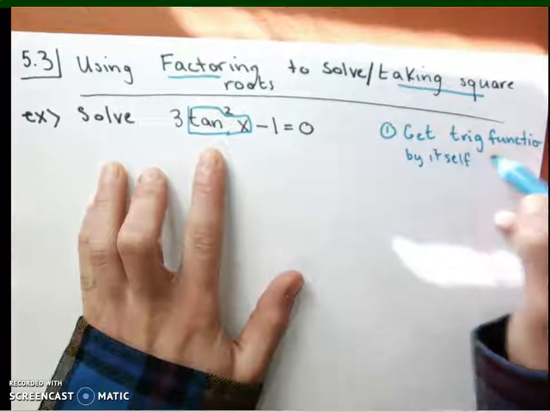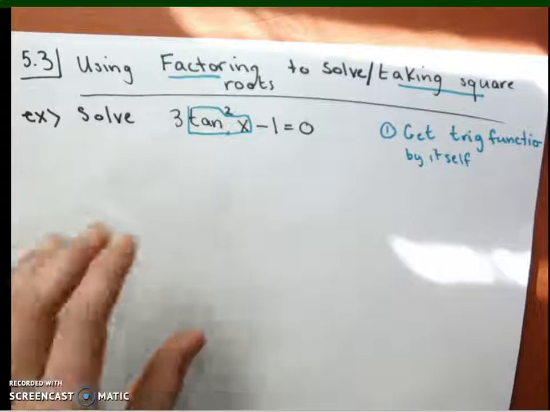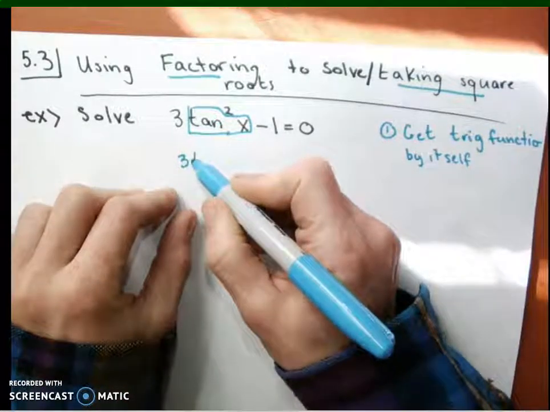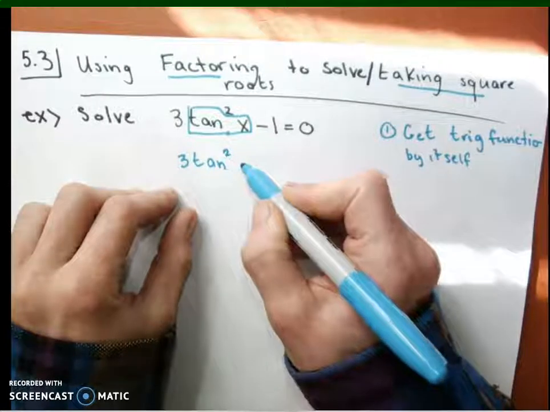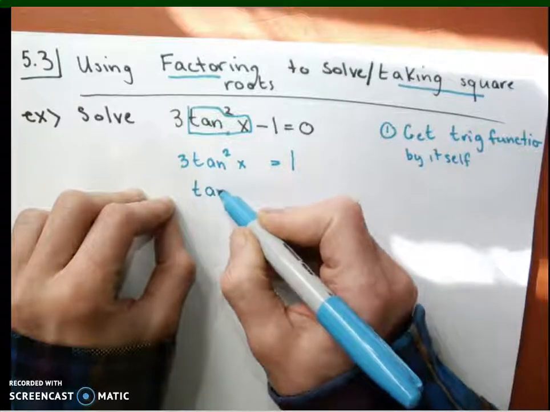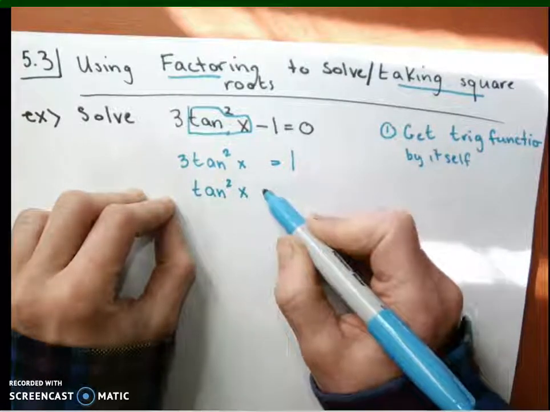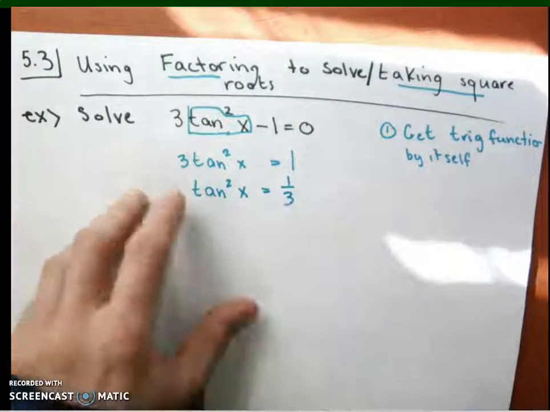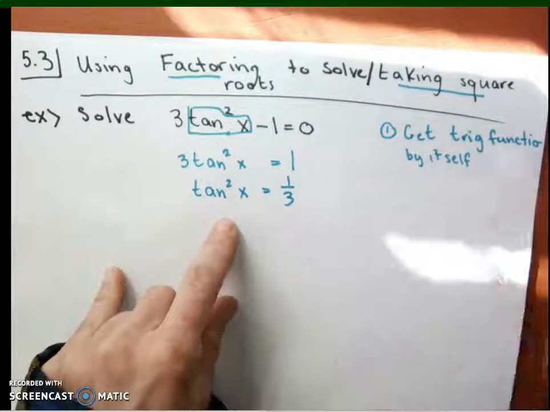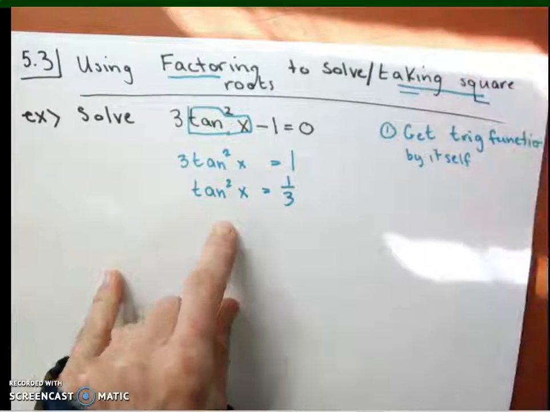So I use the basic strategies that I would when solving any equation. First I bring the 1 over, so I'll have 3 tan squared x equals 1. Then I'll divide by 3. And now I almost have tan squared x by itself, but I need to take a square root in order to finish that process.